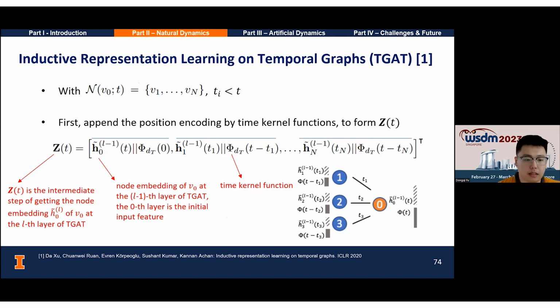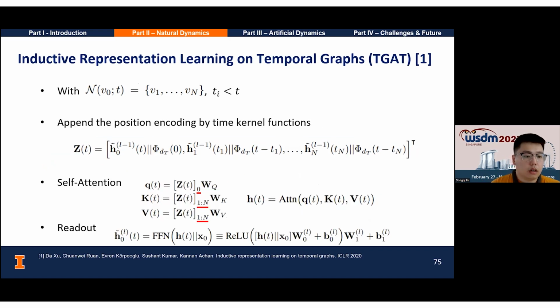Also, we can map the t-1 scalar value to a d-dimensional or 2d-dimensional representation vector. Then we have n+1 vectors, and we stack them into Z(t). Z(t) is the intermediate step of getting the node embedding H0 at the l-th layer of TGAT, which can be illustrated in the right-hand side figure.